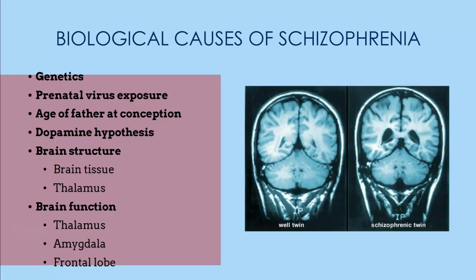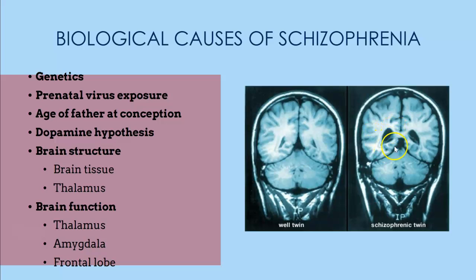The dopamine hypothesis is one of the biggest theories because it's shown to have overactive dopamine receptors. And one of the things that proves that is that antipsychotics block dopamine, and they're very successful in blocking the hallucinations and delusions.